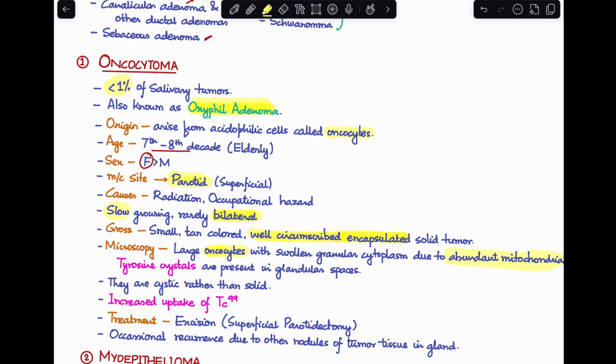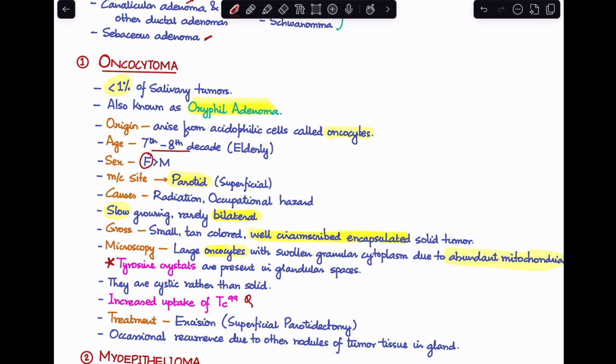Another important feature is that we see tyrosine crystals present in the glandular spaces. These tumors are cystic rather than solid. And another important feature, which can be an MCQ question, is that they have an increased uptake of technetium 99m. So that is an important investigation to remember for oncocytoma.